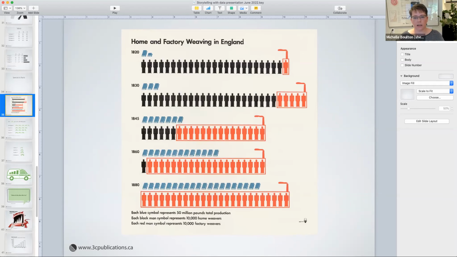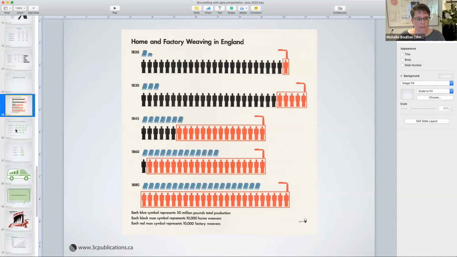What he really wanted to do was communicate data to the average lay person, the general audience, so that they could easily understand. So he created a series of icons that represented values. You can see each blue symbol represents 50 million people. Each black man represents 10,000 home weavers. So this was his invention.